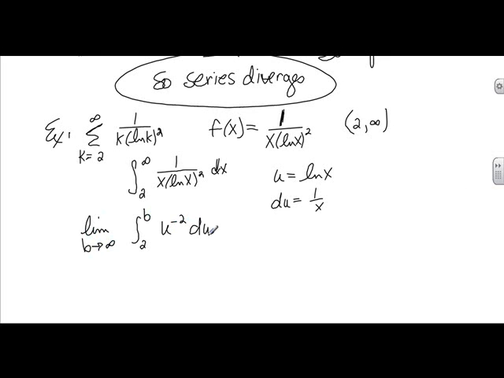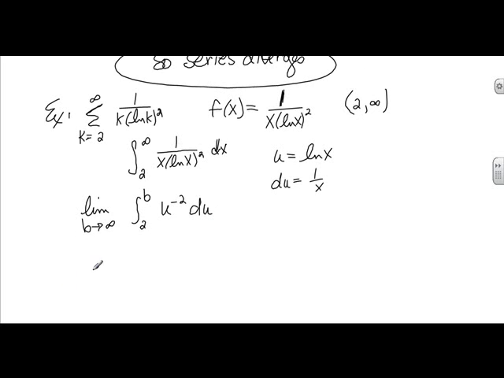Since I didn't change the limits, I'm going to be careful to remember to rewrite the function in terms of x. Anti-differentiating u to the minus 2 power, we end up with minus 1 over u, evaluated from 2 to b. And u is natural log of x, so I'm going to change that u to the natural log of x.